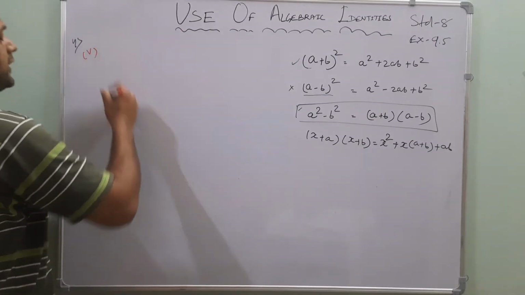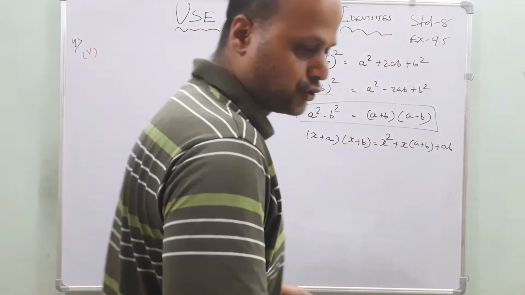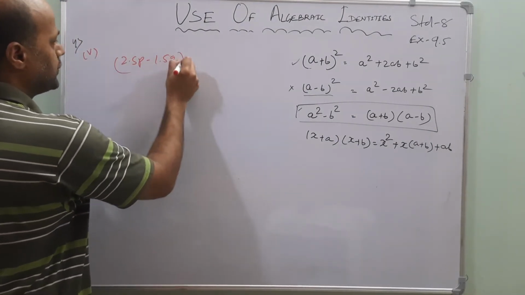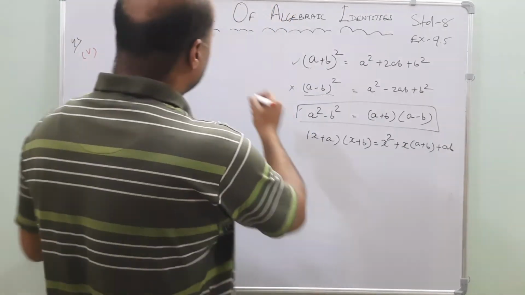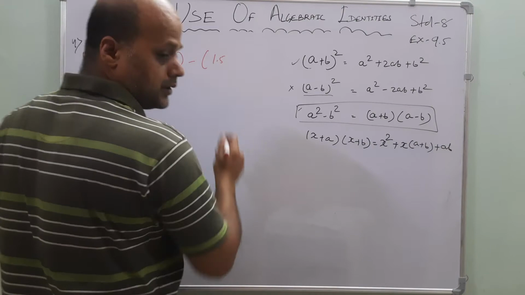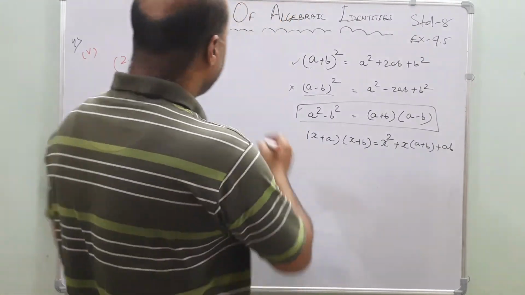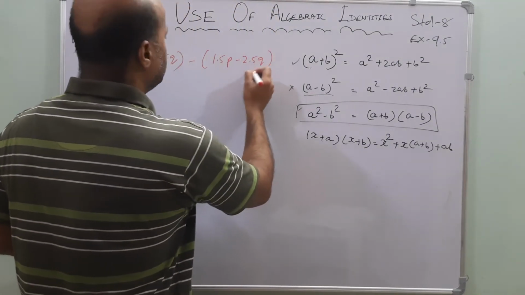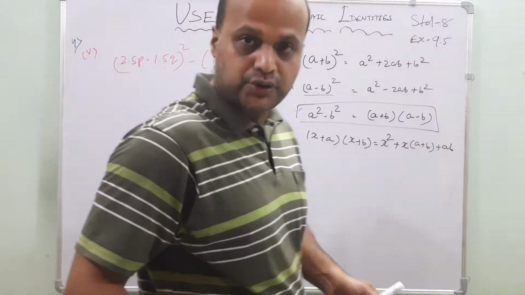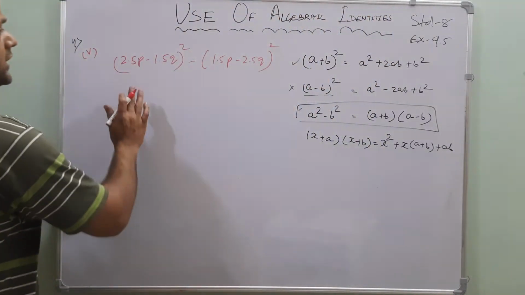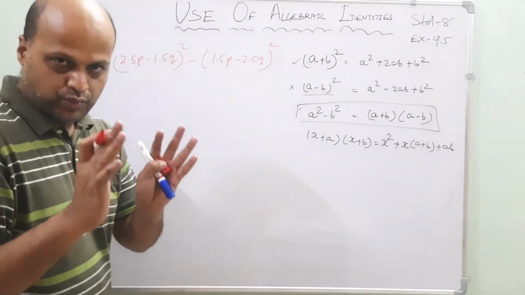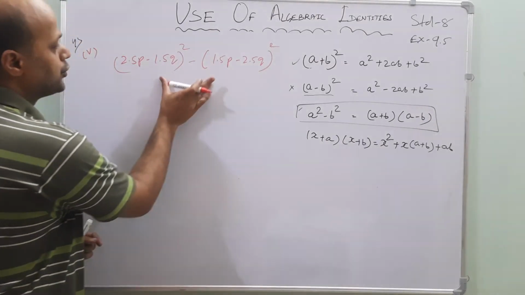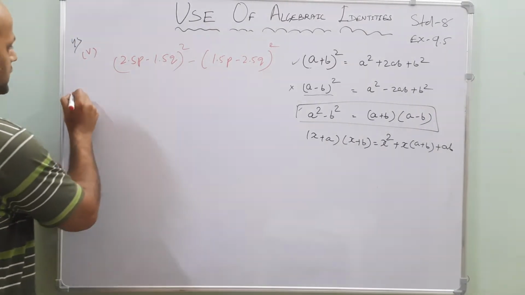The fifth one is saying now (2.5p minus 1.5q) whole square minus (1.5p minus 2.5q) whole square, if the question is correct. Both the cases have whole squares. So here the same formula is repeating one by one. Which formula? Both the cases (a minus b) whole square, and both of them are in the subtraction case. So here do it very carefully.